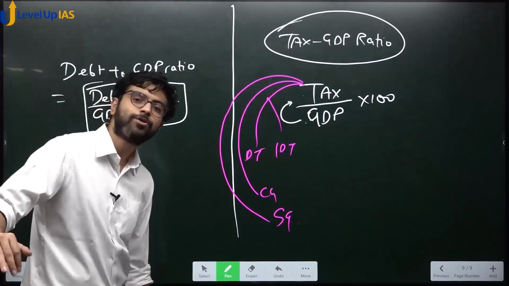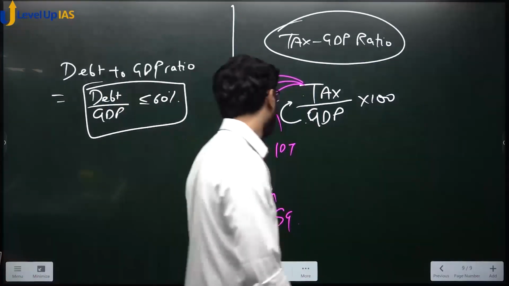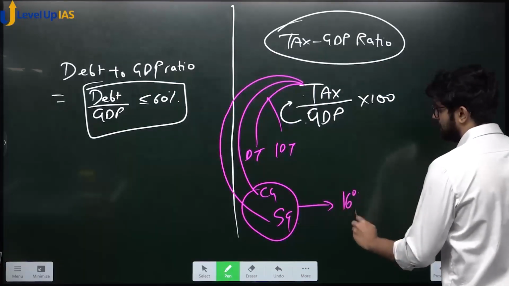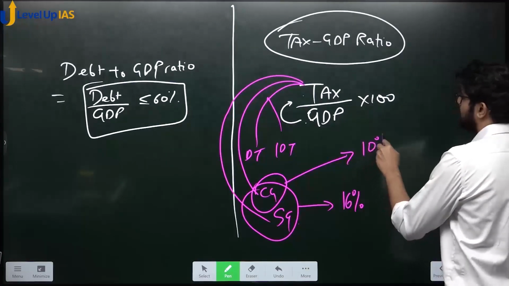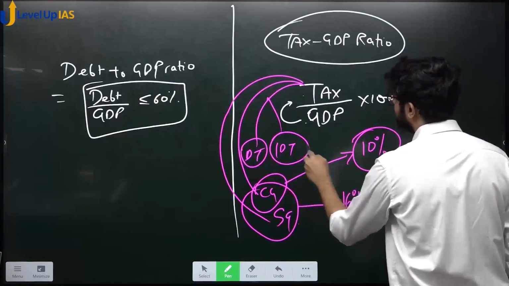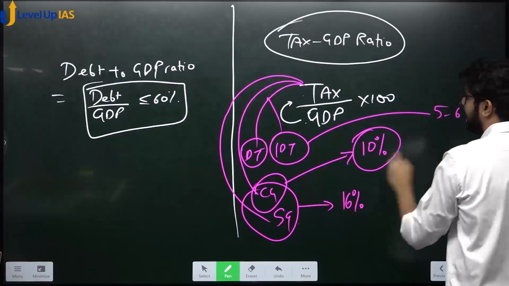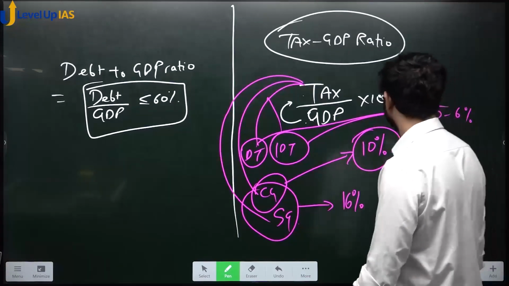So the combined total tax to GDP ratio of India, central and state government combined, is around 16%. Only central government, if you take, it is around 10%. If you take the share of direct and indirect taxes, it is around 5 to 6% of direct taxes and same 5 to 6% of indirect taxes, both.